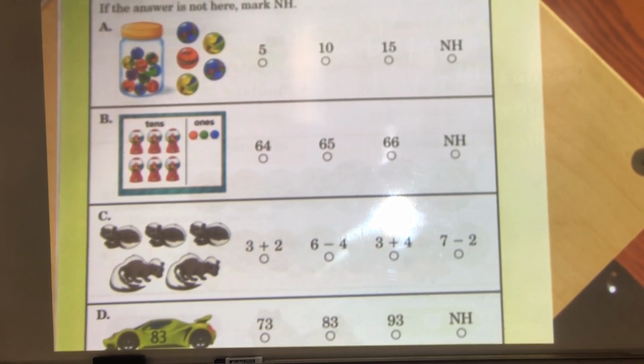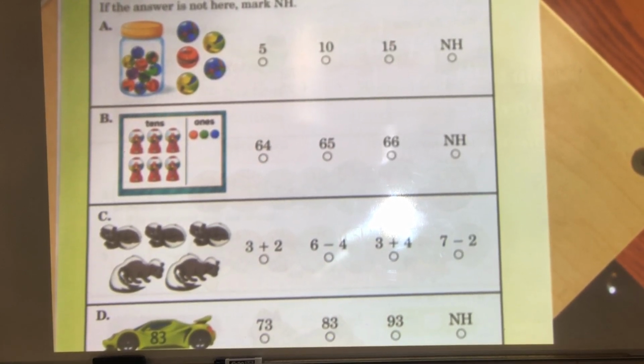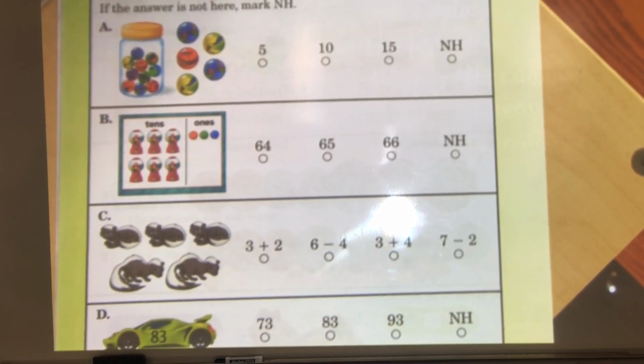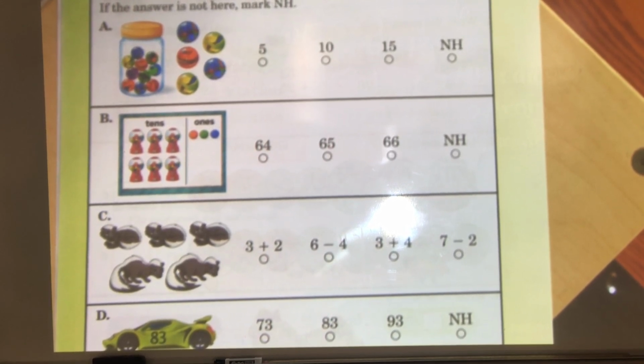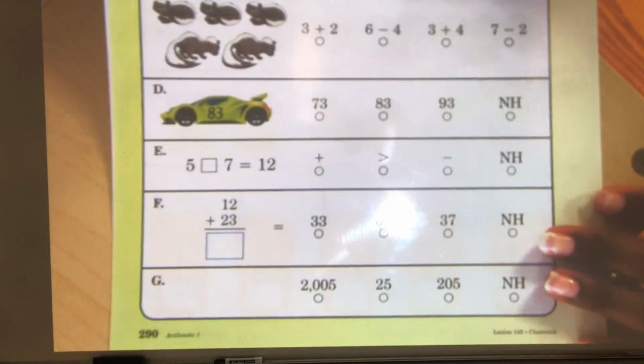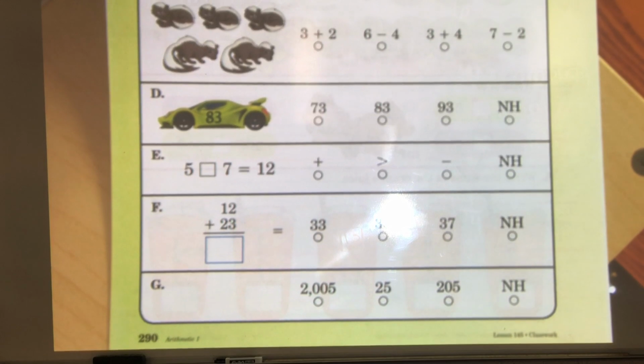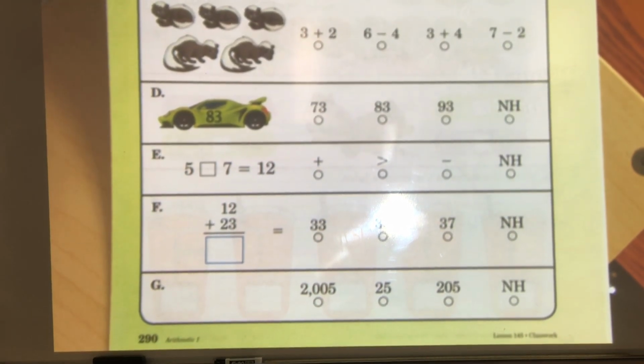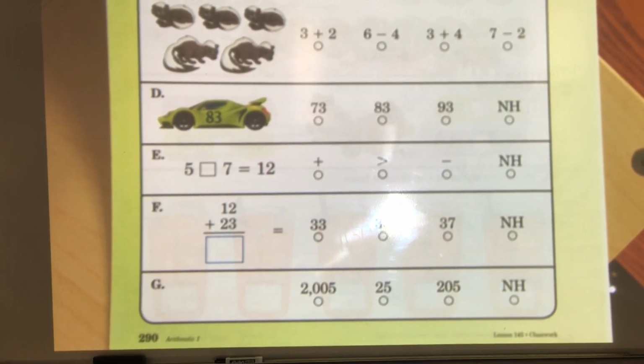Look at row E. Mark under the symbol that makes the fact true. If you cannot find your answer, mark under the space an NH for not here. Look at row F. Mark under the sum.